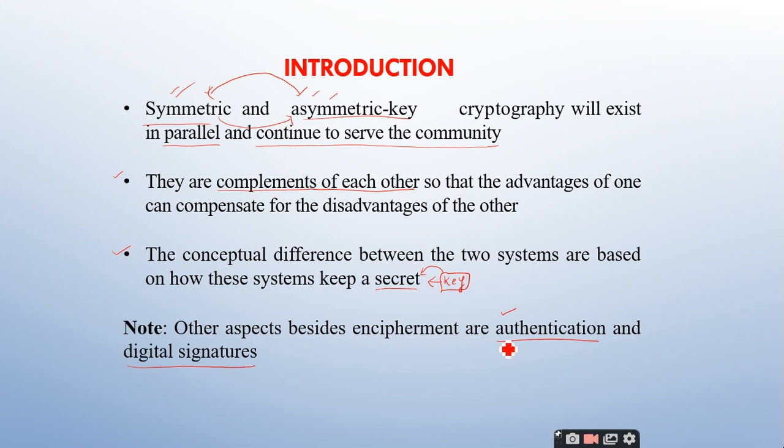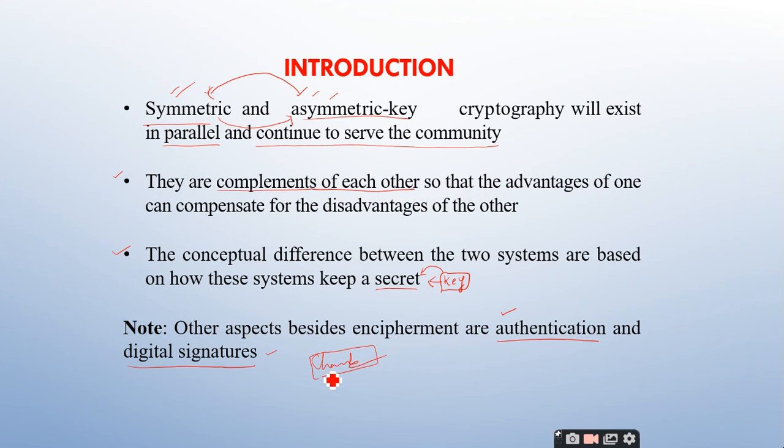And digital signatures. You know what a signature is. For example, if I write a letter to the higher authorities and put my signature on it, and the receiver sees that this is the signature of Chandrasekhar, then he can simply do the needful, right?